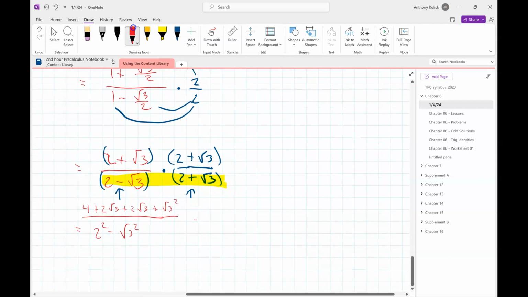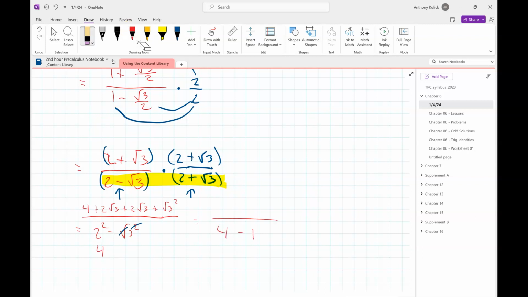All right, so let's do some simplifying. 2 squared is 4. What is root 3 squared? Just 3, right? So I have 4 minus 3, that's 1. And then those guys, you can combine.